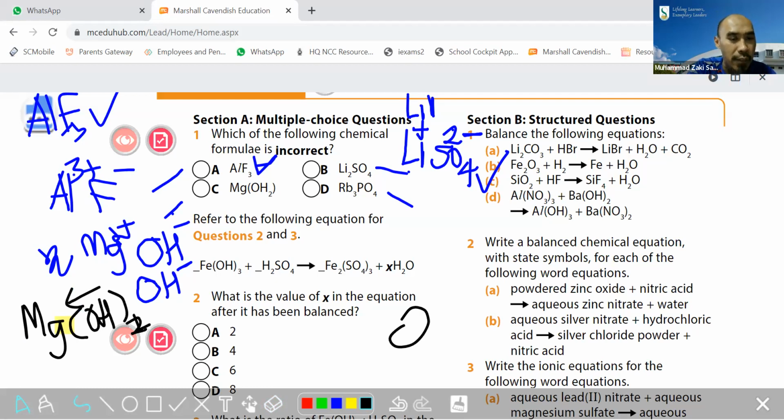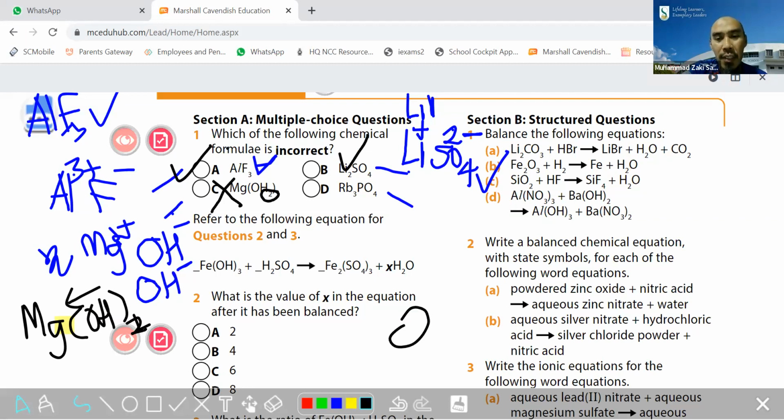Now you see? Even I also get confused. The problem with this one is the 2 is inside the bracket. It looks correct, but it is wrong. This is one of the ways they can trick you in chemistry questions. So A is correct, C is wrong, B is correct.